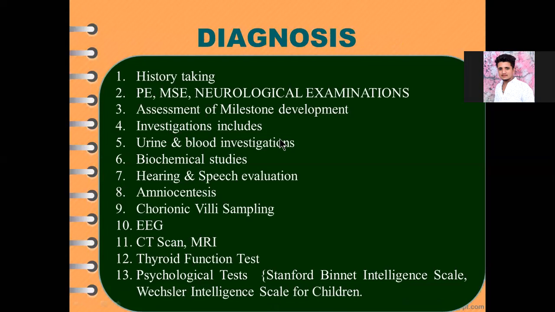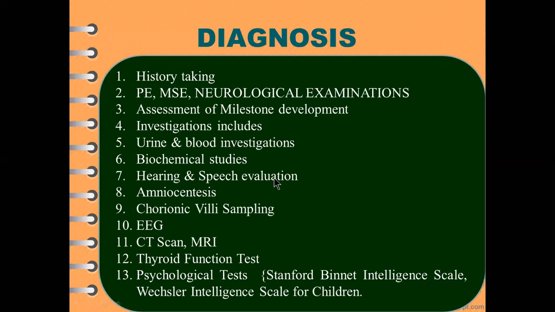These things you do for the child, okay? And milestone assessment: you want to see whether the child is standing, sitting, and smiling at the correct time. These are the things you need to monitor.